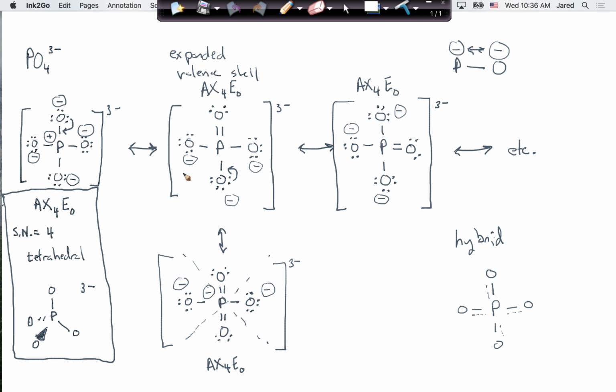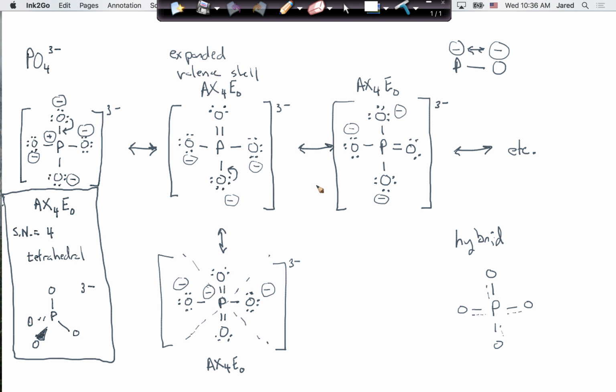They all give the same thing. Every single one of these, including even the resonance hybrid, by the way, gives the same formula. And so, the same class and the same steric number and the same shape, and so forth. So it doesn't matter which one of these you draw, you'll get the right answer to most questions.